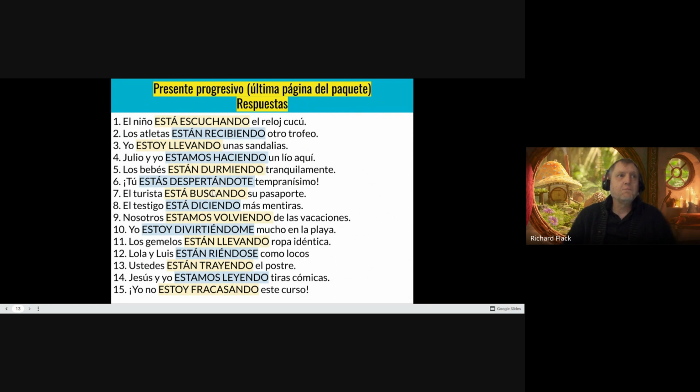Tú estás despertándote. Number 7, el turista está buscando su pasaporte. The tourist is looking for their passport. El testigo está diciendo más mentiras. The witness is saying more lies. Nosotros estamos volviendo de las vacaciones. We are coming back from vacation.